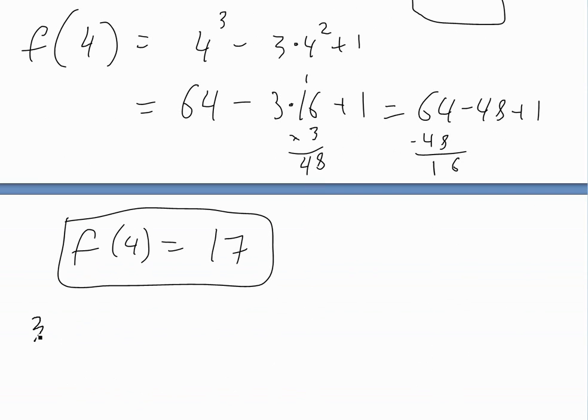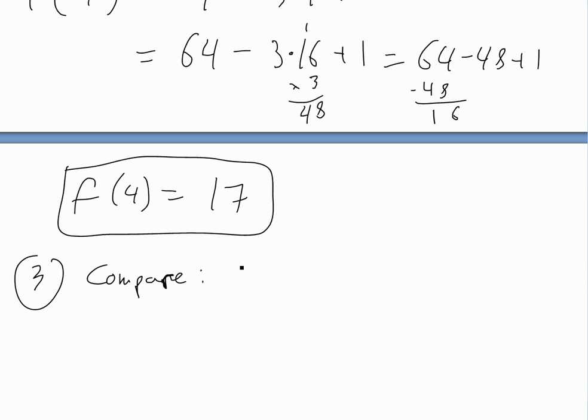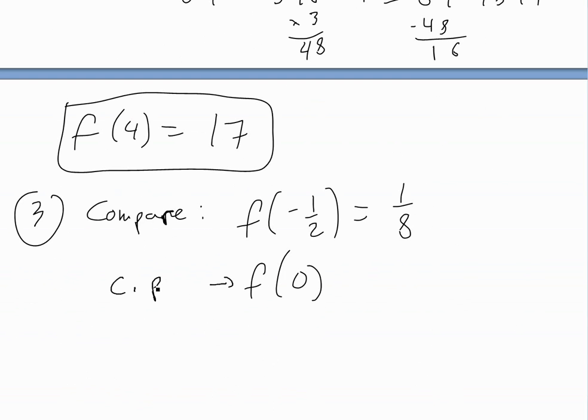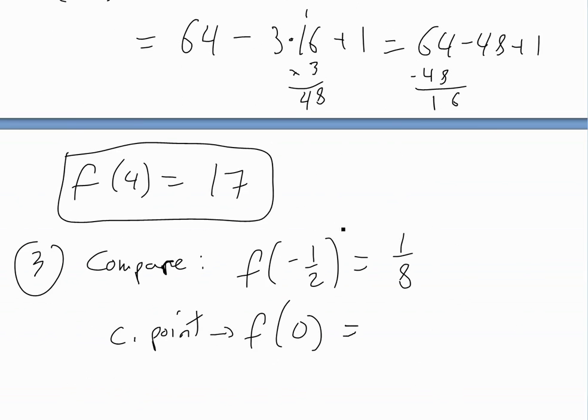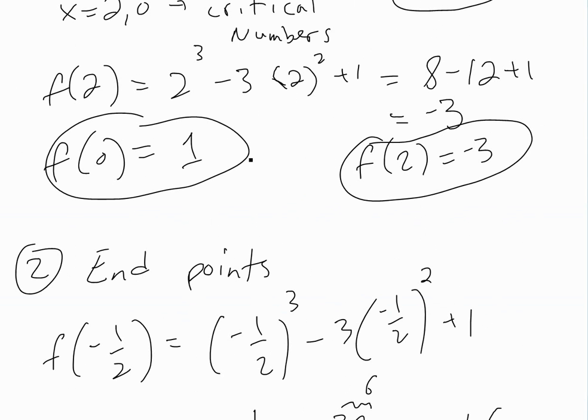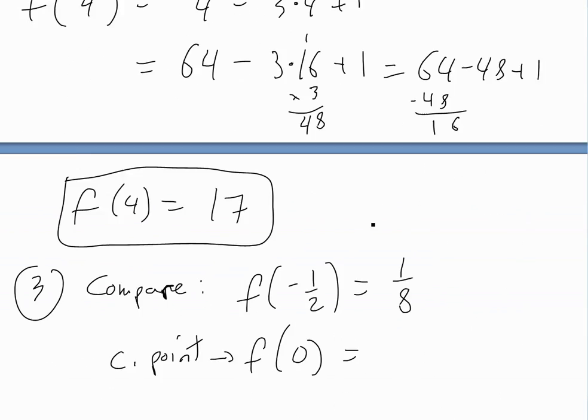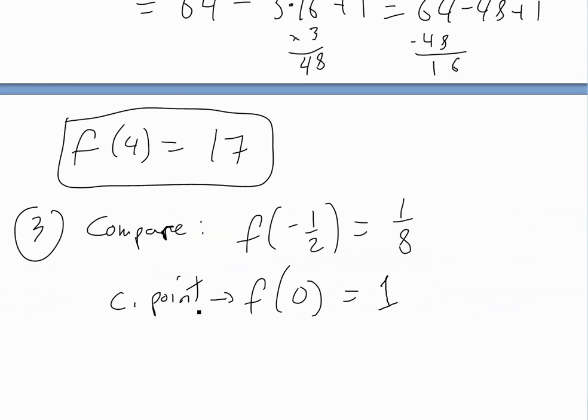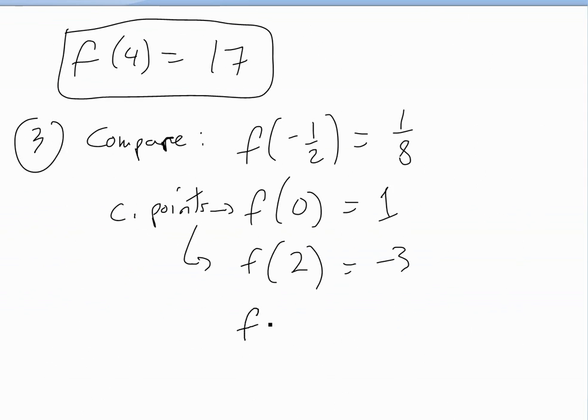So now we just compare all of them. Starting from the leftmost, f of -1/2 is equal to 1/8. f of 0 is a critical point, and that one is 1. f of 2 is also a critical point, and it's equal to -3, and f of 4 is equal to 17.